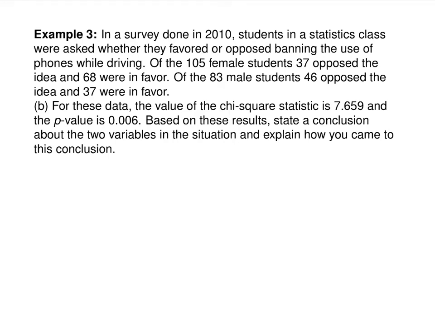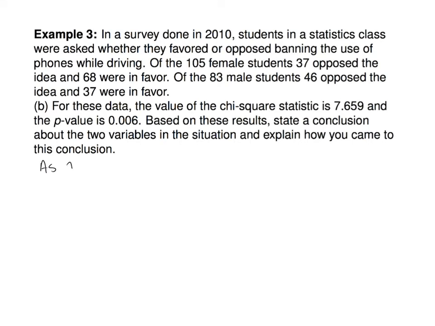So for these data, the value of the chi-square statistic came out to be 7.659, and the p-value came out to be 0.006. So based on these results, state a conclusion about the two variables in the situation and explain how you came to this conclusion. Now that explanation can be one of two things. Either the chi-square statistic is big enough or the p-value is small enough.